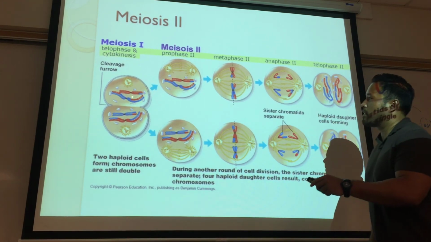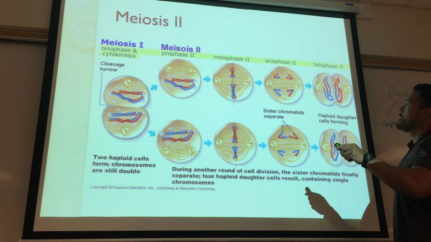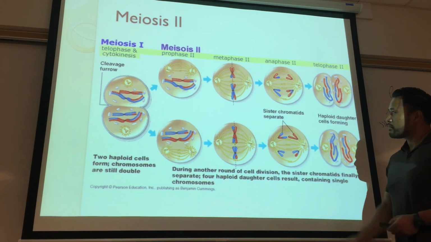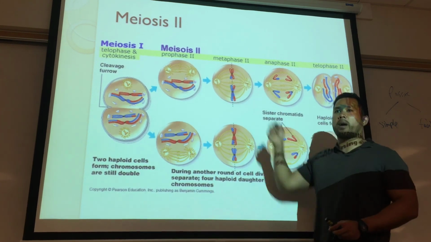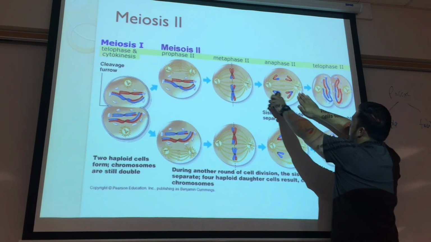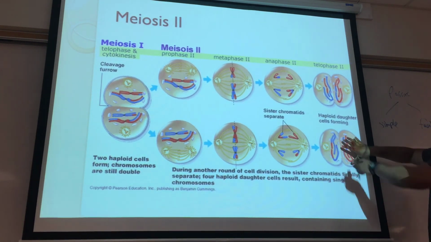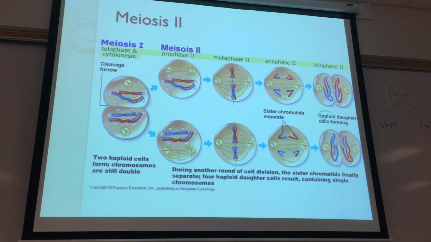In that process, you can see what happens with this DNA. It undergoes prophase, metaphase, again independent assortment, whether it flips this way or the other way. We go through metaphase, anaphase, taking them apart, and then telophase, and we split them again. And what we end up with are haploids.